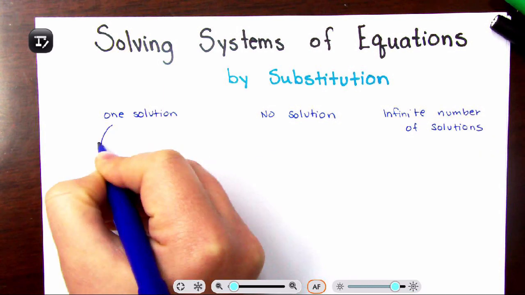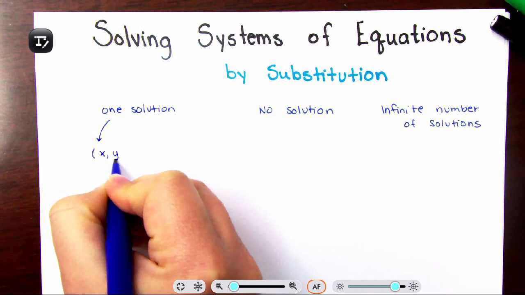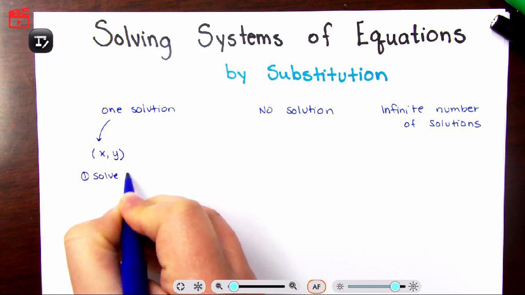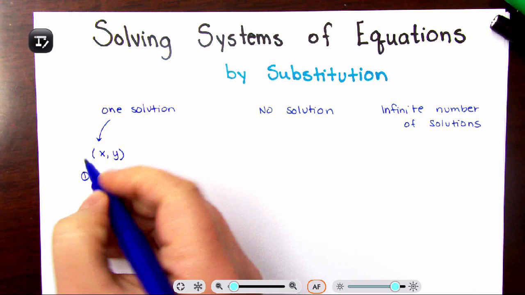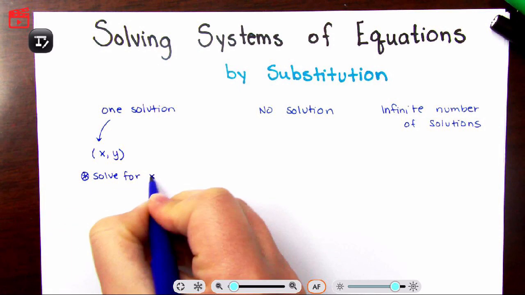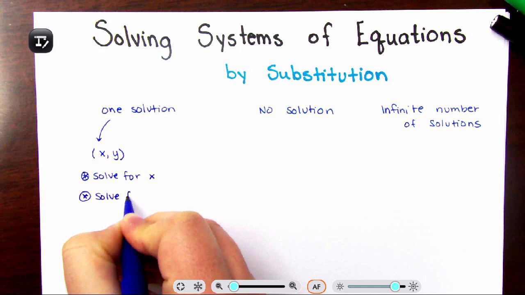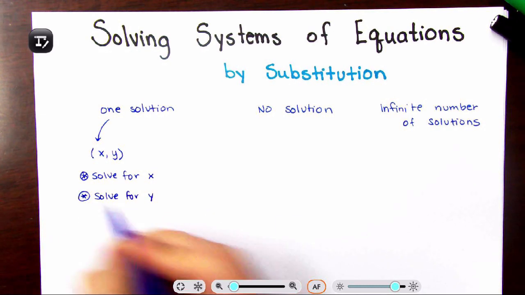If you have one solution, your answer is going to look like x comma y. So you need to solve for x and you're going to solve for y. It doesn't matter which order you have.